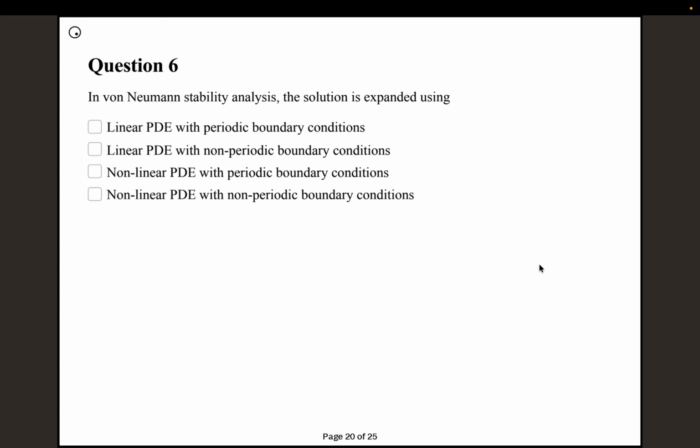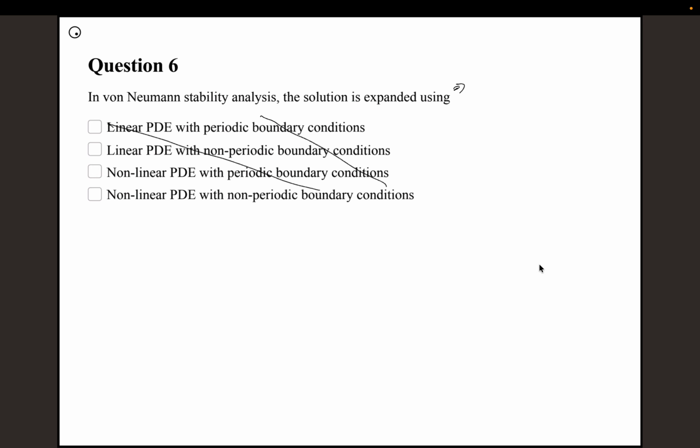In von Neumann stability analysis, the solution is expanded using which of these? Oh, I think the options are given wrong, but the idea is the solution is expanded using a Fourier series. I'll correct this when I upload the slides. How did we expand the solution? We started out saying that the solution is a summation of Fourier series terms.